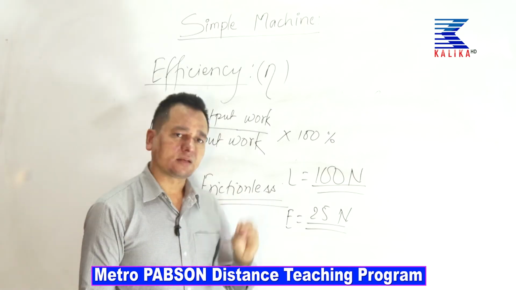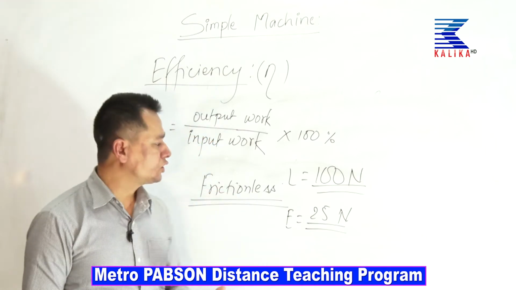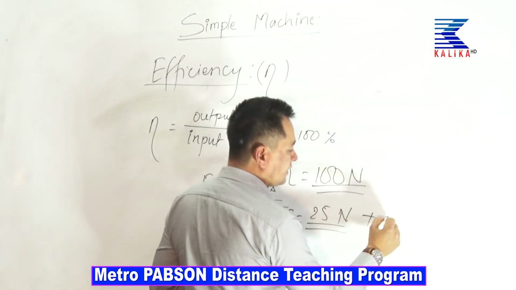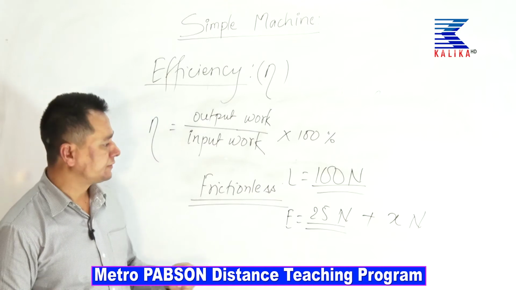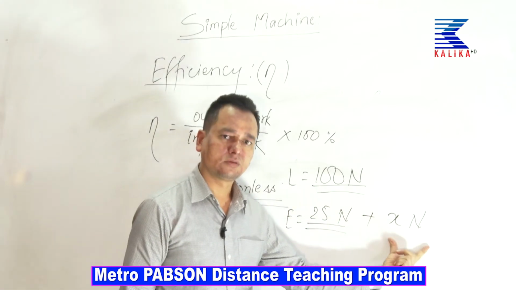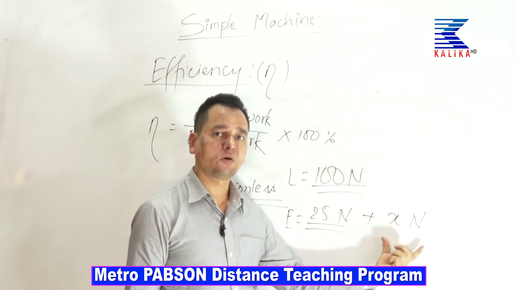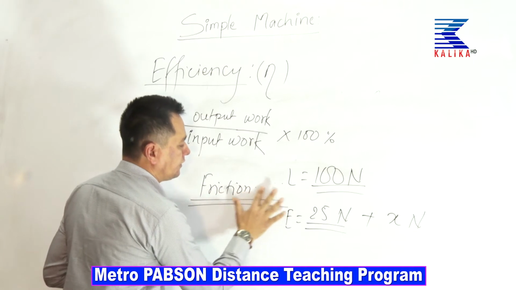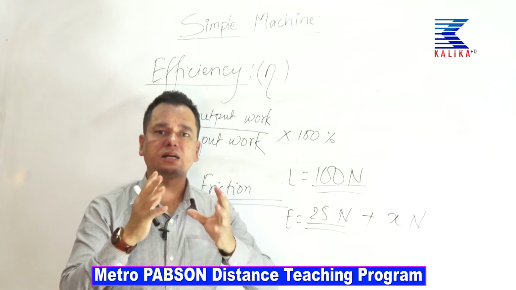But practically, no machine is frictionless. So we need to apply some additional amount of effort, say X Newton. Why do we need to apply some additional effort here? Because of the friction acting in different movable parts of the machine.